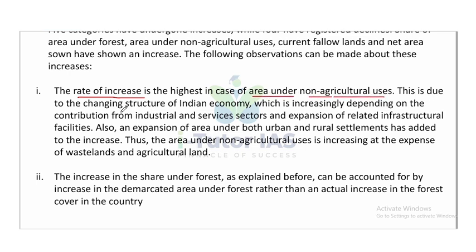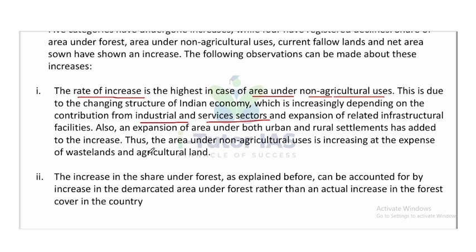This is due to the changing structure of the Indian economy, which is increasingly dependent on the contribution from the industrial and service sector and expansion of related infrastructure facilities. Also, an expansion of area under both urban and rural settlements has added to the increase. Thus, the area under non-agriculture uses is increasing at the expense of wastelands and agricultural lands.